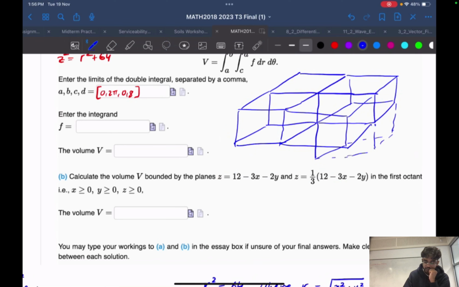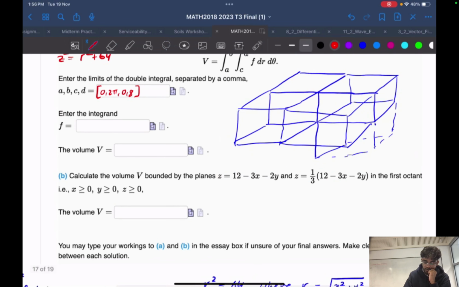And the first octant is pretty much just in this first quadrant, so over here. This is where x is greater than or equal to 0, y is greater than or equal to 0, and z is greater than or equal to 0. So you can just think about it like this.